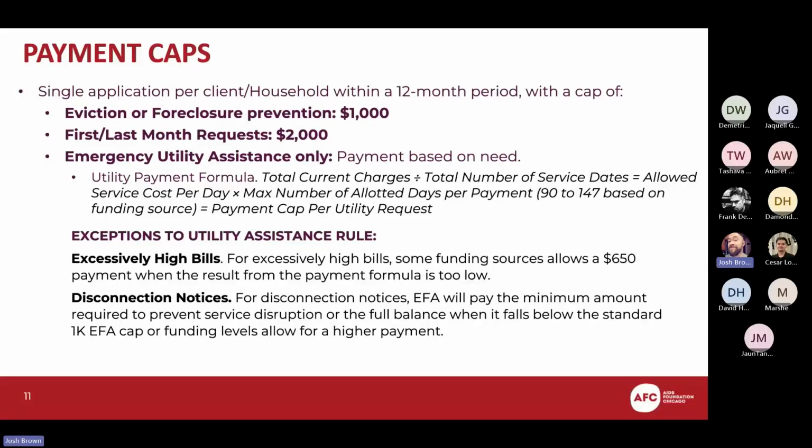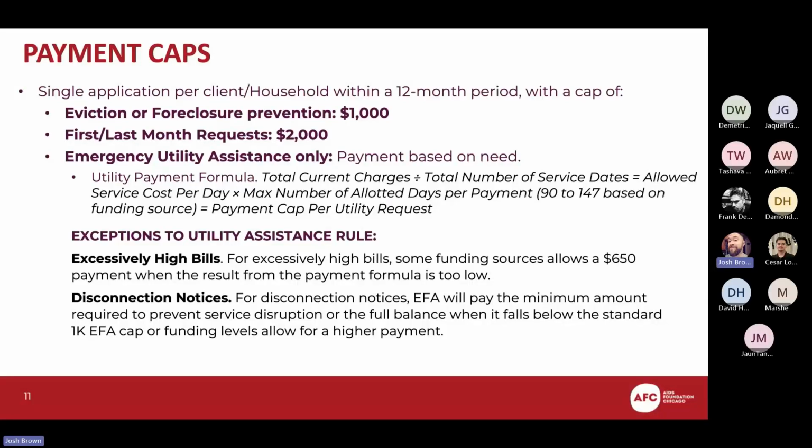We can also split those caps for utilities over multiple utilities, right? So if you turn in bills for both ComEd and NICOR, that is what I was speaking to earlier, where you can let Frank know or put in the narrative, this client has $1,200 worth of balances, please split between the two utilities. Or you could say, the client's People's Gas is about to be disconnected, please prioritize that and put any remaining available funds towards the ComEd bill. And that just makes it a lot more clear for both us and also the client, right?